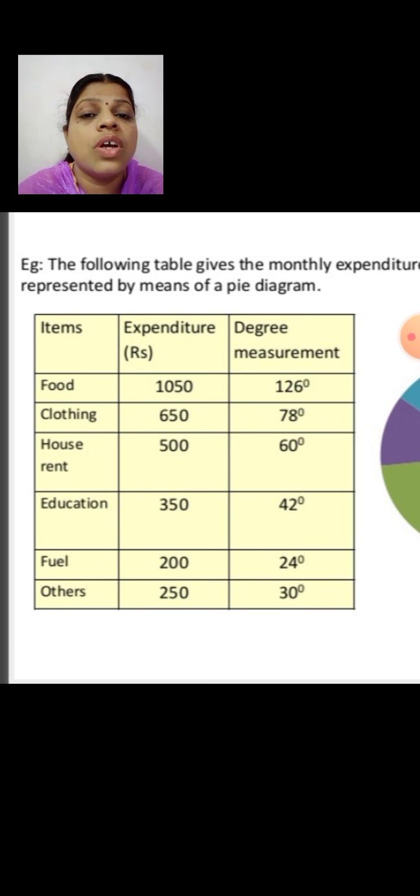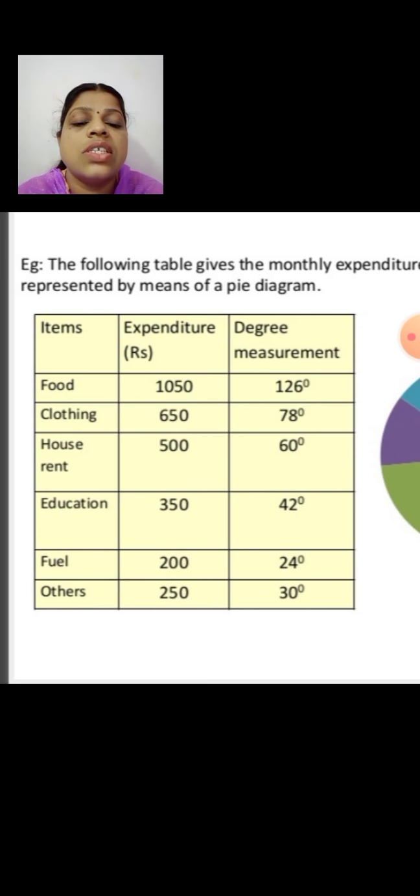The frequency divided by the total frequency, multiplied by 360. So for particular items we have to find the various degrees using this formula.